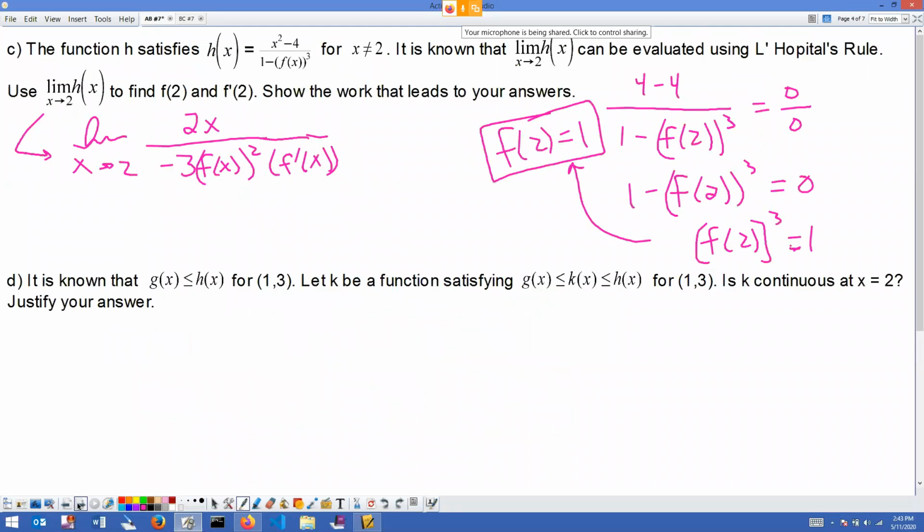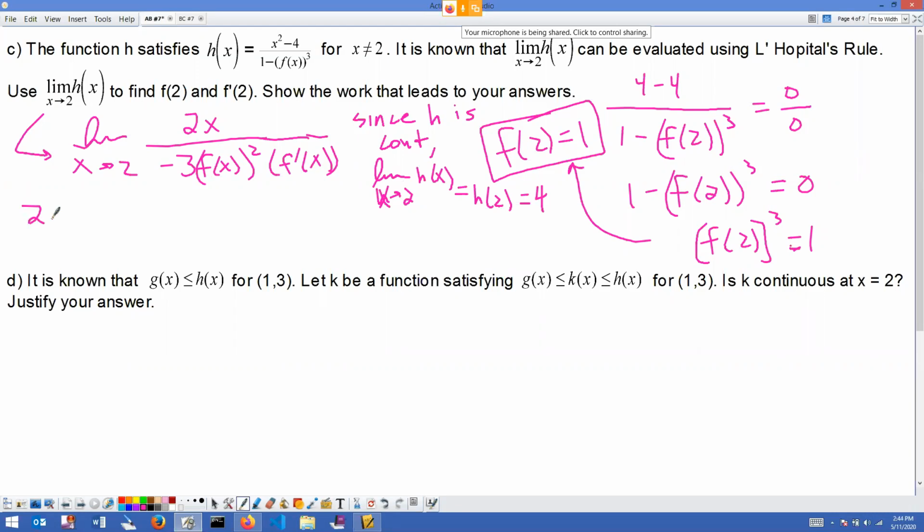So since h is continuous, that means that the limit as x approaches 2 of h of x has to equal h of 2, which is 4, which means that this limit here has to equal 4.